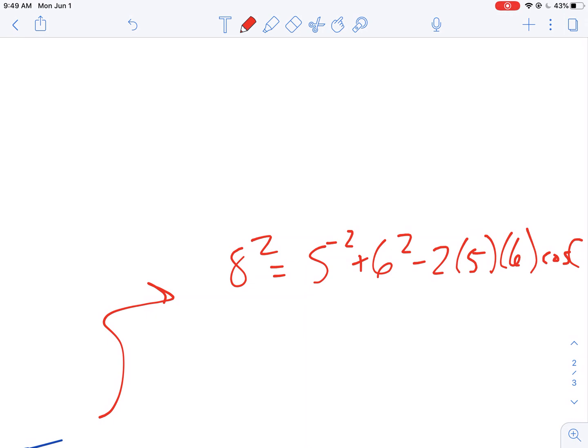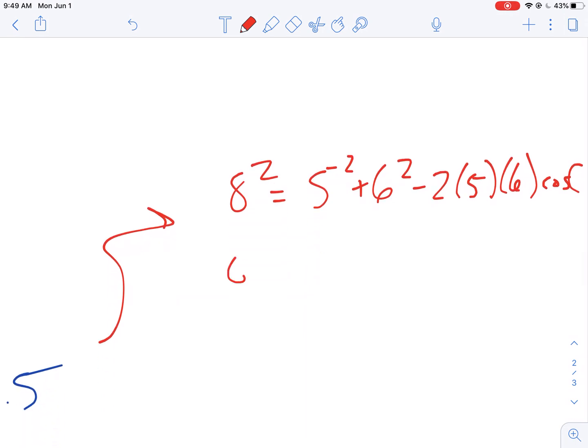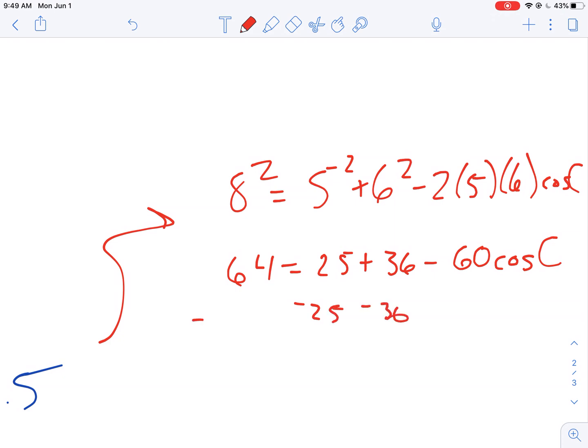Interestingly enough, this actually displays something. 64 is equal to 25 plus 36 minus, that's 60 times the cosine of C. You'll see here when you do this, minus 25 minus 36.